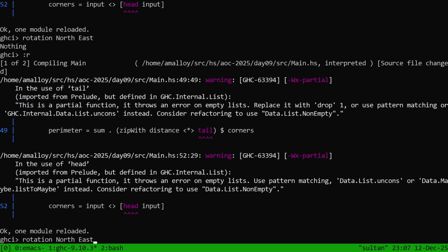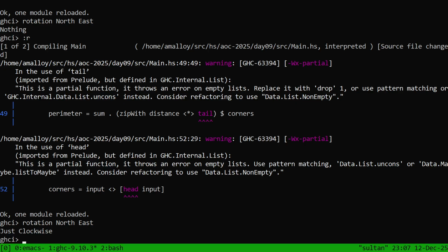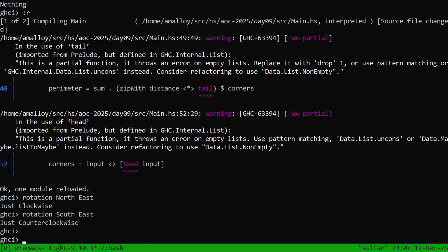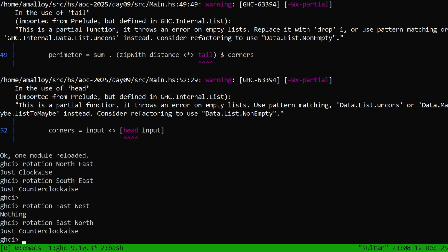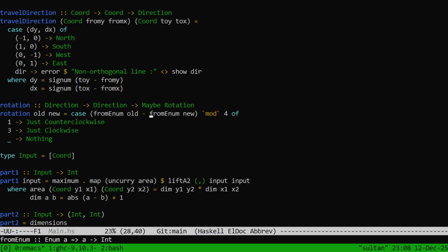Okay, try again. To go from north to east, you are turning clockwise. Correct. And to go from south to east should be the opposite. Yes, great. From east to west, yeah, that's nothing, man. East to north should be counterclockwise. Good. Okay, we're getting there.